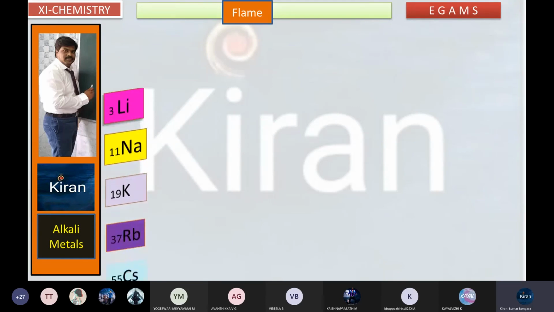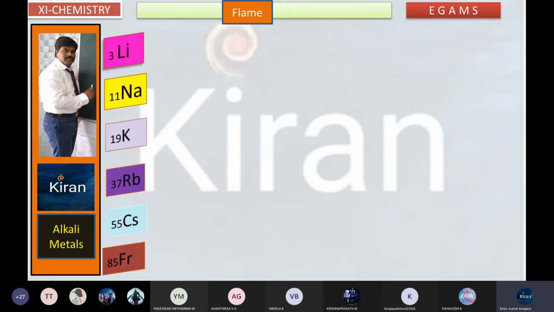Whatever color you are seeing on the screen is the color of lithium, crimson red. Sodium is yellow, or sometimes golden yellow. Potassium is light violet, rubidium is violet, cesium is bluish. Francium, you know very well, is a radioactive metal.